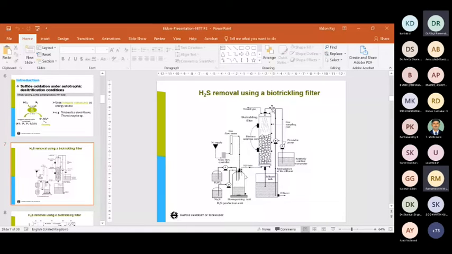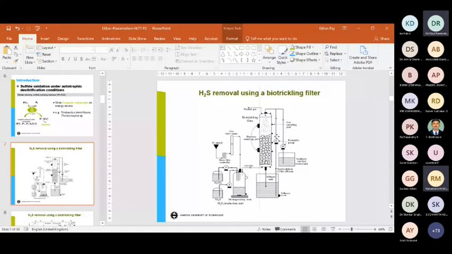Okay, so when you have an upflow and a downflow, you have counter current operation, and counter current operation is always preferred because you have very good gas to liquid contact. And that was, of course, facilitated with the help of the polyurethane foam, as well as we had microorganisms that were attached onto the surface of the packing material.